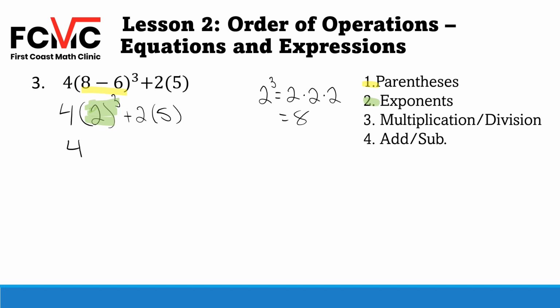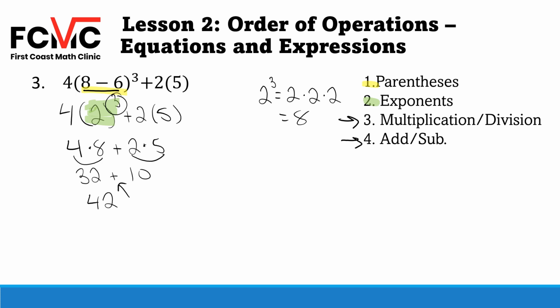So we'll get 4 times 8 plus 2 times 5. Now we can do our multiplication. We get 32 plus 10, and now our addition, and we get 42. So we started with parentheses, then exponents, then multiplication, then addition.